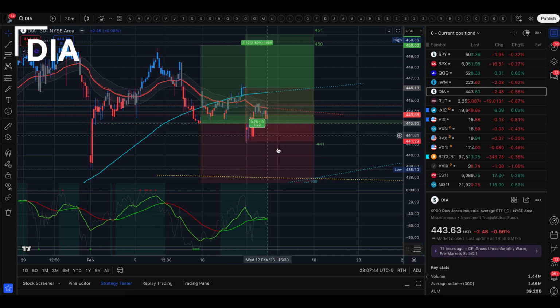And then after we gapped down, we did tap the bottom of the implied move at 441. And then from there, we came back up to the 35 EMA and then saw resistance there. So DIA is still trading green for the week, but we did have a down day today, and we are seeing that 35 EMA as resistance ever since it did cross under.